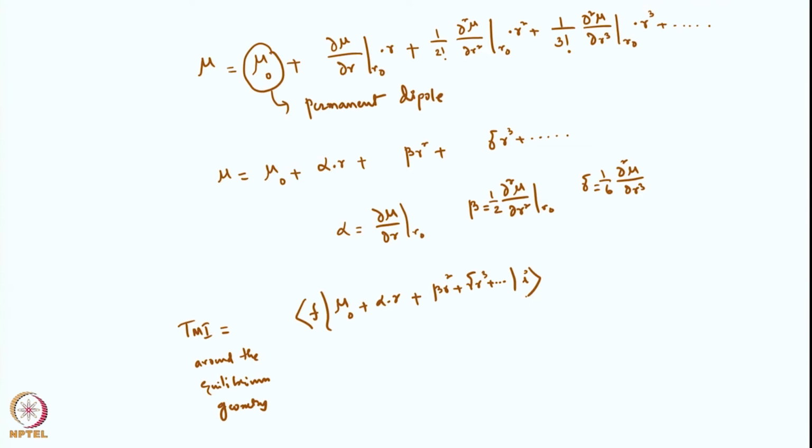When I say dipole moment, it is basically a linear combination of the permanent dipole moment and its derivatives of various degrees with respect to r. So, this is the transition moment integral that I need to consider.